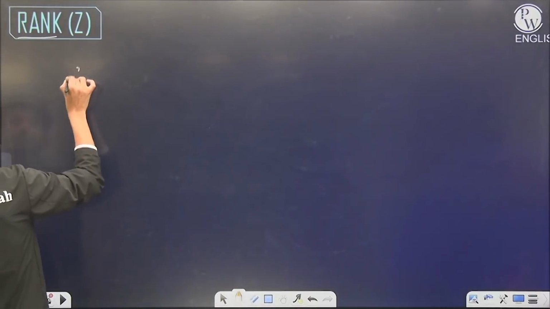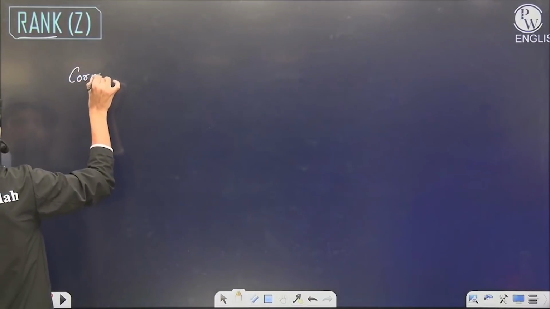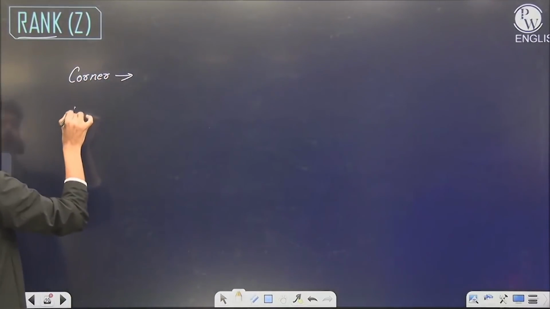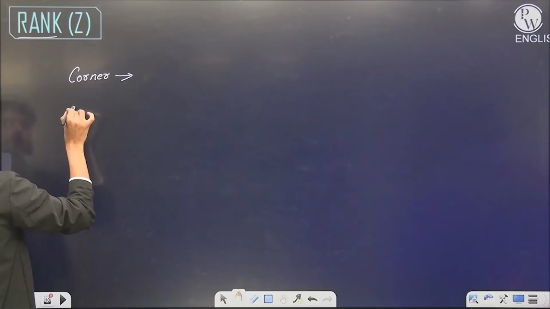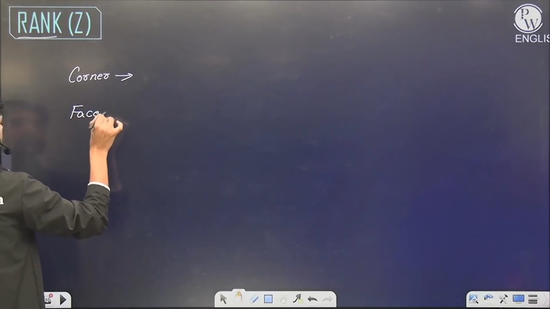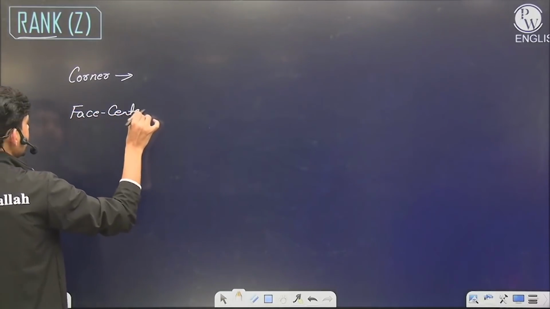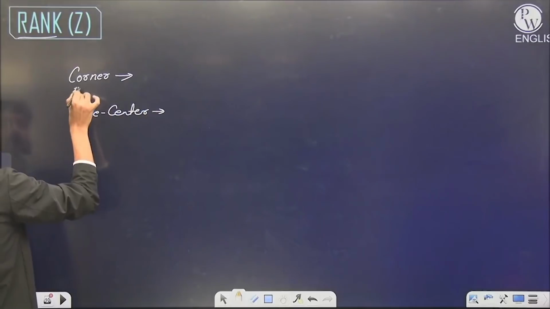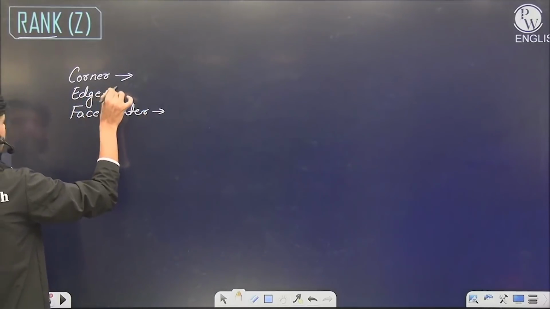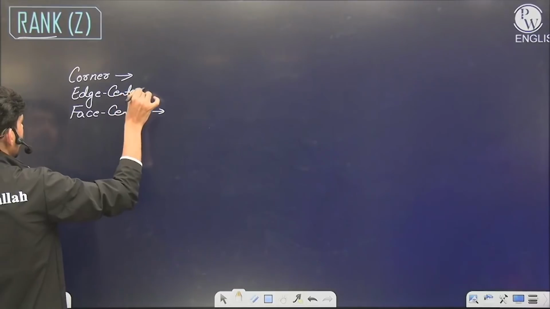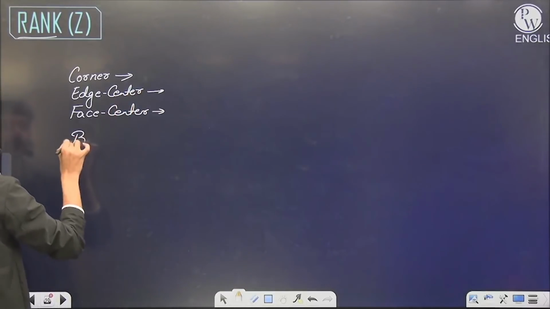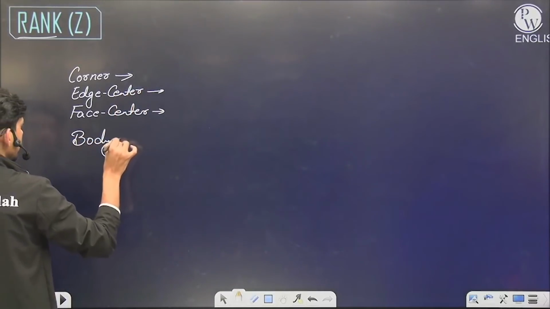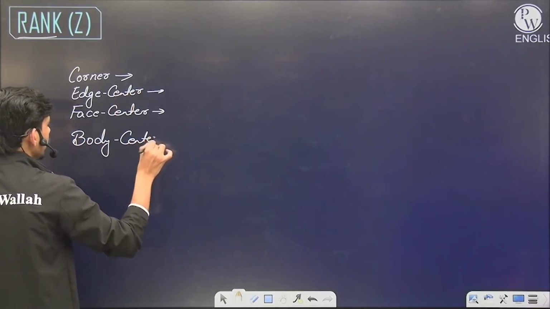Now we have an atom at the corner, an atom at the face center, an atom at the edge center, the center of edges, and an atom at the body center. So let's see the contribution.